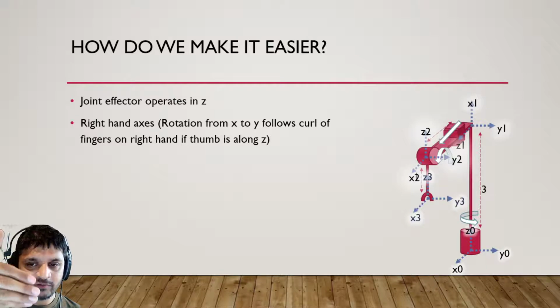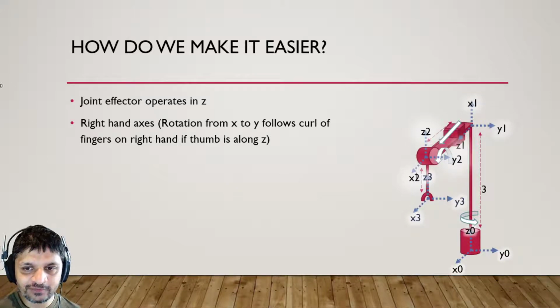So if I look at the axis at the bottom, I've got a Z pointing up and an X pointing that way, so this way is a positive rotation. Does that make sense? Because my Z is pointing up, the curl around the line is the positive rotation. And similarly, the positive rotation goes from X to Y, right?